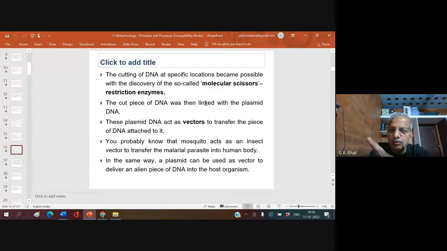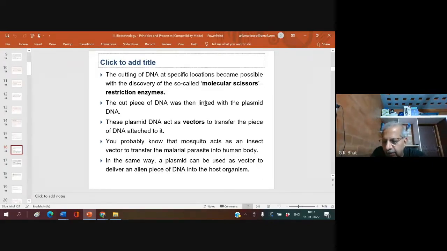Okay. Two scientists came into picture. What was the expertise of one scientist? The expertise of one scientist was removing the DNA from one plasmid and introducing it to another. What is the expertise of another scientist? Another scientist prepared the scissor to cut the required DNA.